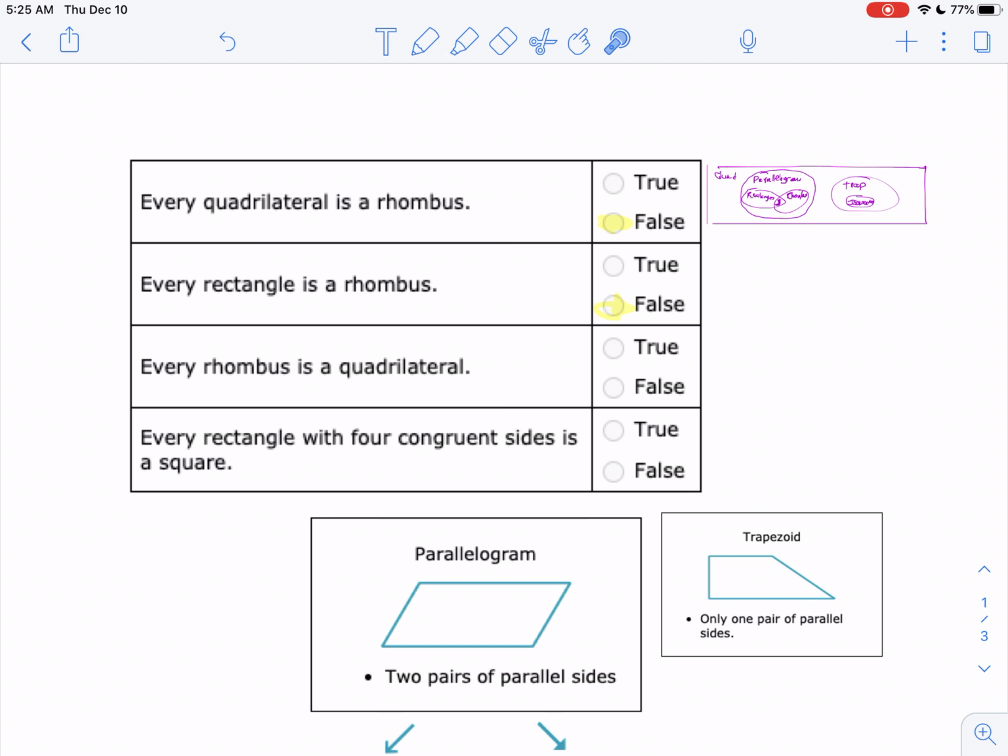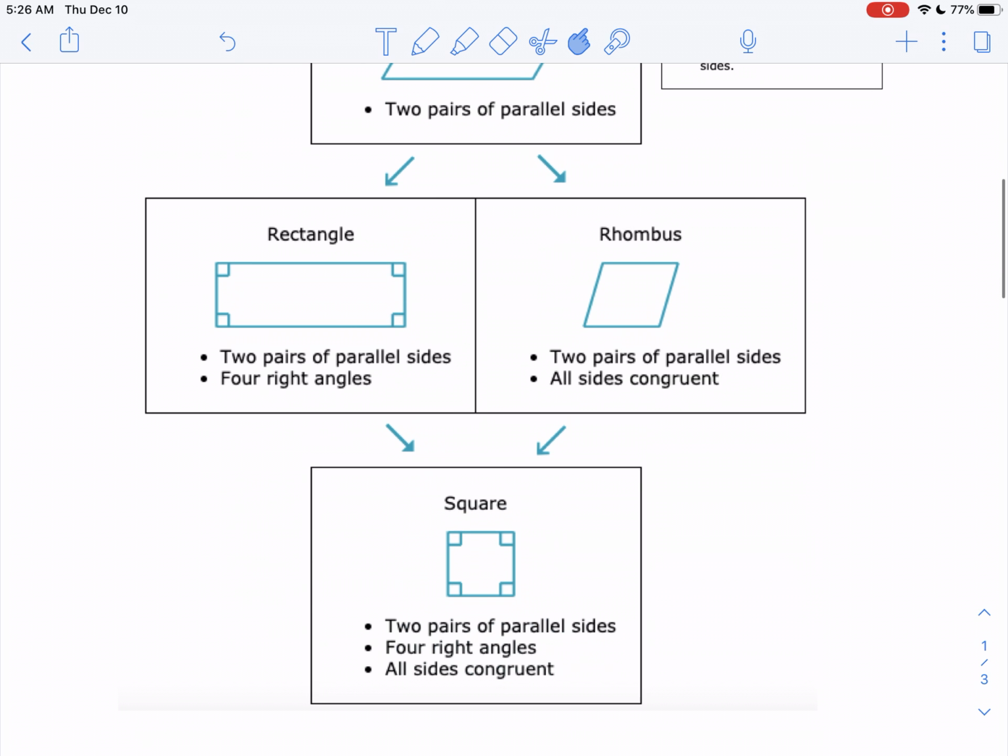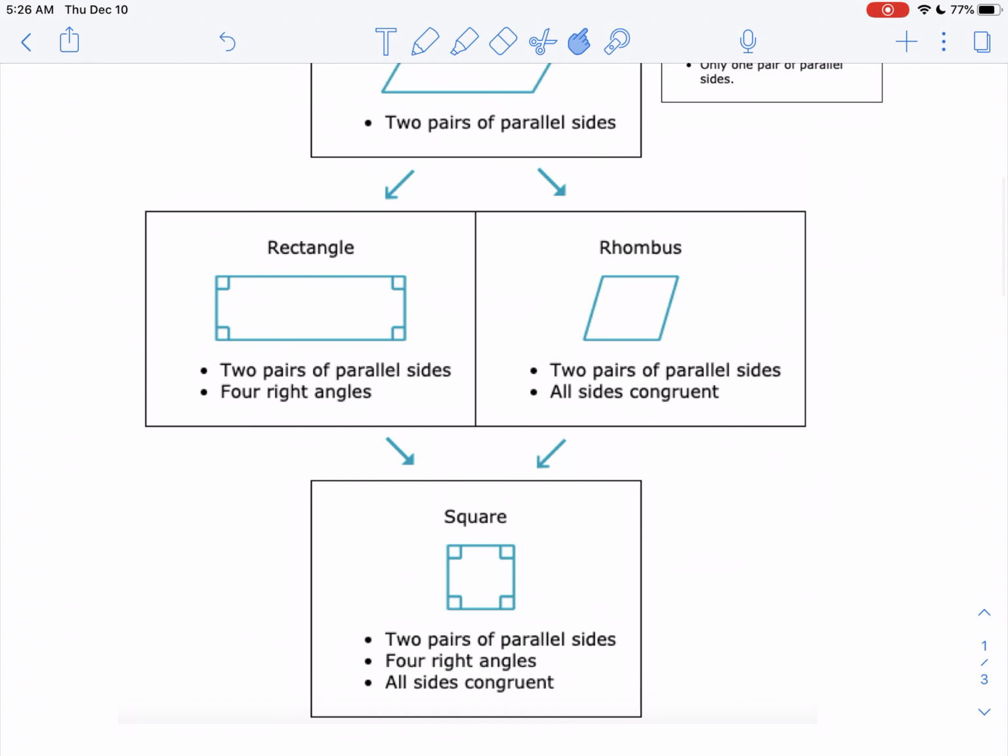Every rhombus is a quadrilateral. Well, look at a rhombus. That's underneath the quadrilateral, isn't it? So if it's a rhombus, it must have four sides, so it is a quadrilateral. Every rectangle with four congruent sides is a square. Well, if we take a look at our properties here that I've listed, a rectangle has two pairs of parallel sides, four right angles, and the diagonals are congruent.